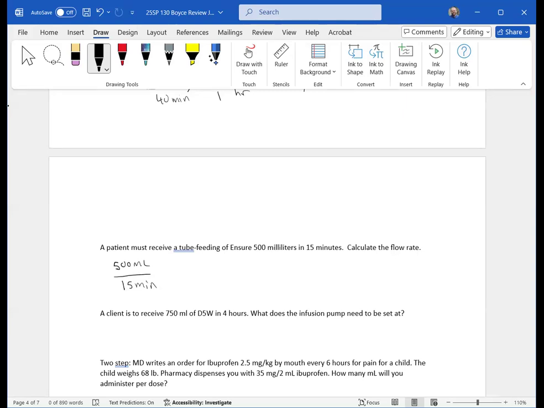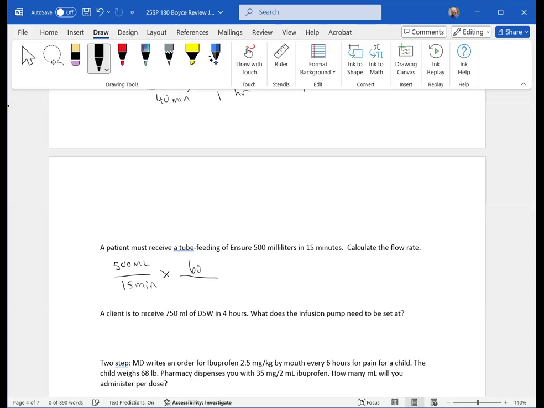So there's a couple things you can do here. You can just know that 15 minutes is a quarter of an hour. So you can say 500 divided by 0.25 hours, and then get your answer that way. If you don't like dealing with decimals, the alternative way is just, again, converting minutes to hours.